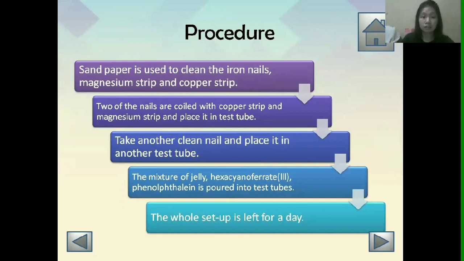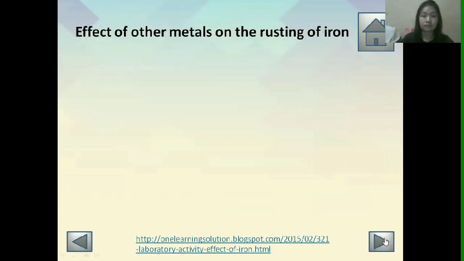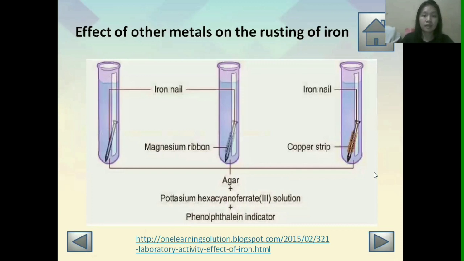Next, we take another clean iron nail and place it in another test tube. Next, the mixture of jelly solution, hexacyanoferrate solution, and phenolphthalein is poured into the test tubes. Then the whole set is left for a day. And this is the apparatus set for this experiment.